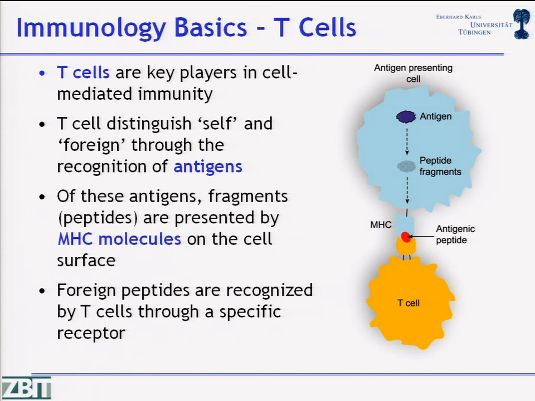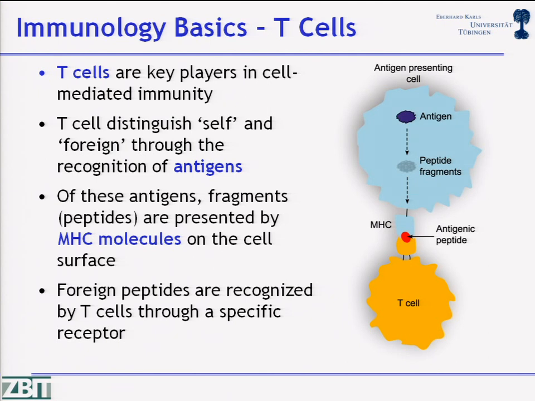But in general, this recognition of self and foreign, which is done by the T cells, happens in a way that the antigens, which are part of the pathogen, for example, viral proteins, are processed inside a cell into smaller fragments, peptides, which are then presented on the cell surface by MHC class 1 and class 2 molecules. And the complex of MHC and peptide is then recognized by the T cell, which then produces the immune response we're after.